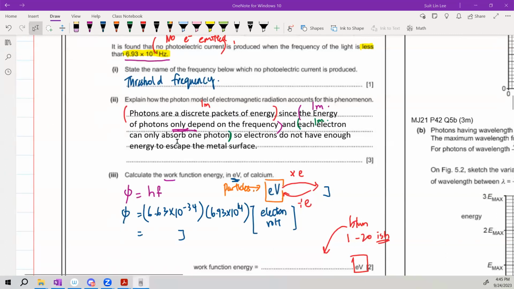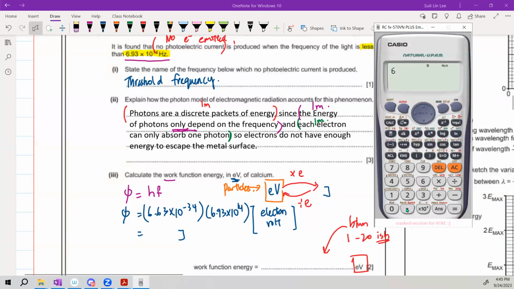So let me bring out my friend Casio. This will give you 4.59 times 10 to the power negative 19.